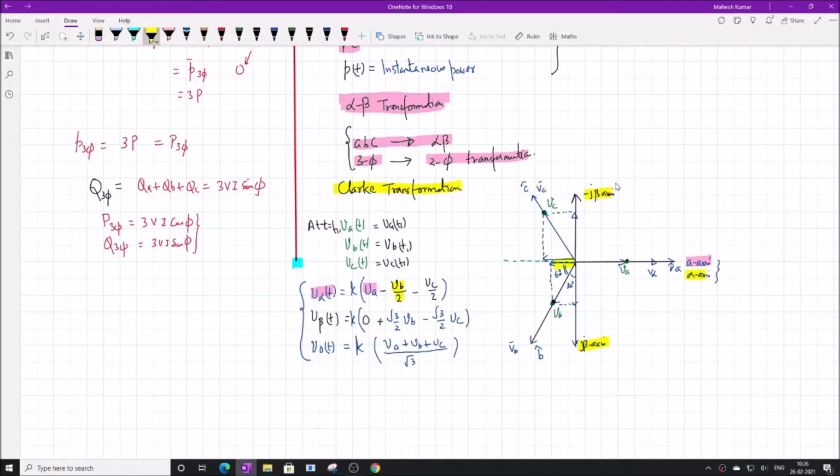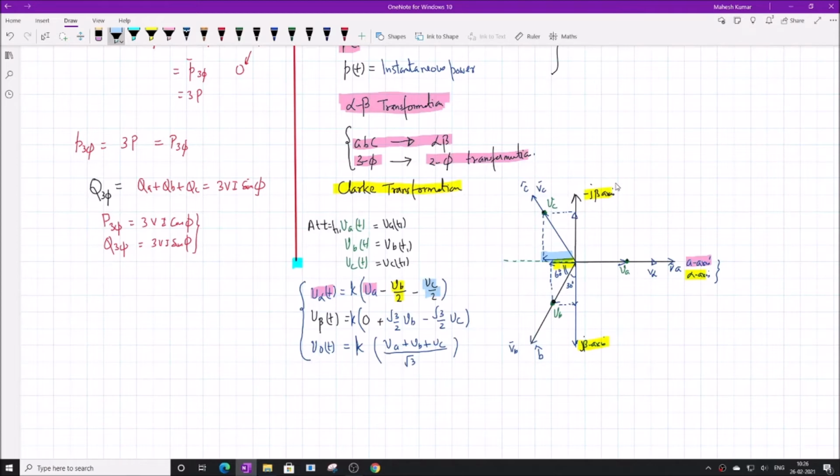Similarly, the component of VC along alpha is VC cos 60 in the opposite direction, hence minus VC by 2.